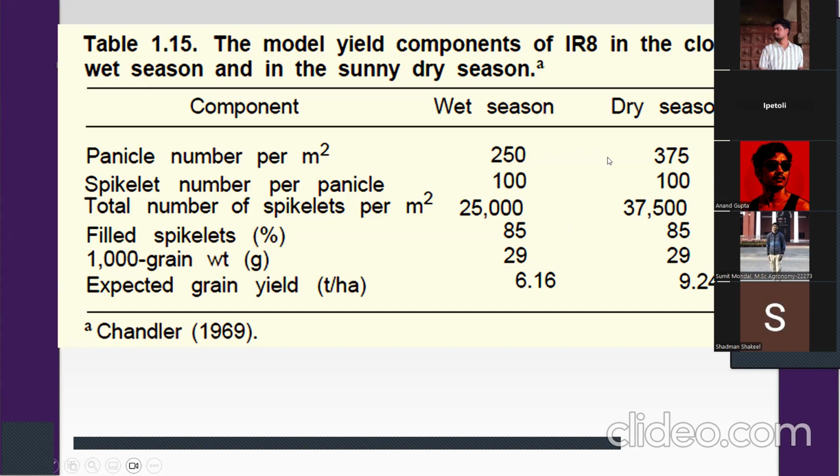One is having about 125 extra panicles per meter square, which is going to make a huge difference. Just by increasing 125 panicles, you could increase 3 tons of yield. From 6.16, it has increased to 9.24. So here or anywhere, the maximum contribution in grain yield of rice comes from panicle number per meter square.